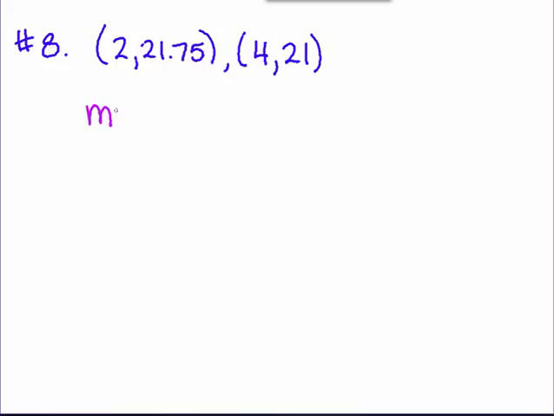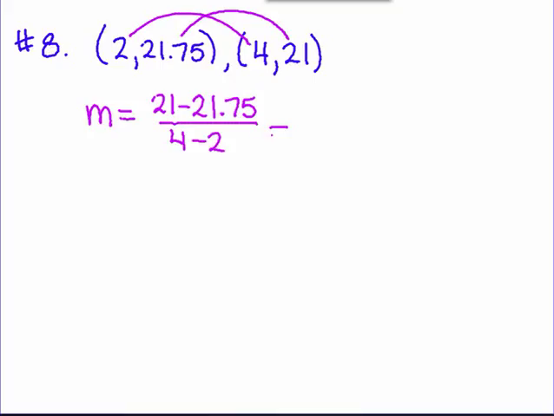So I'm going to find the slope here. To find the slope, what do I do? y2 minus y1. Yep, so 21 minus 21.75 divided by 4 minus 2. Good. So what does that come out to be? What is 21 minus 21.75?